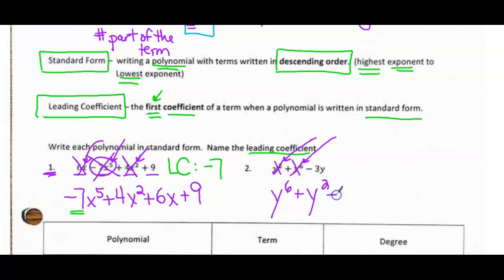And last would be minus 3y. But remember, we're not done, because the question also asks you for the leading coefficient. So I'm going to say leading coefficient. You look over at your first term. The coefficient is really 1, even though we don't see it. And that's how to write a polynomial in standard form.